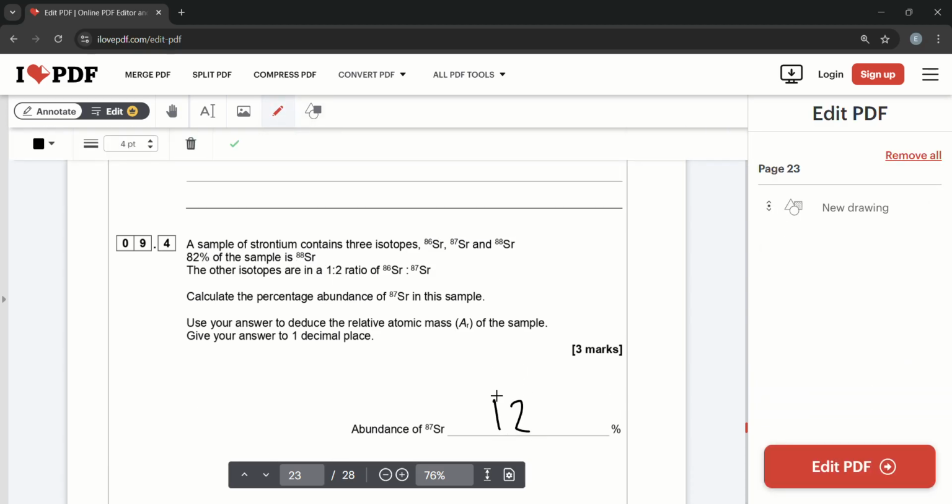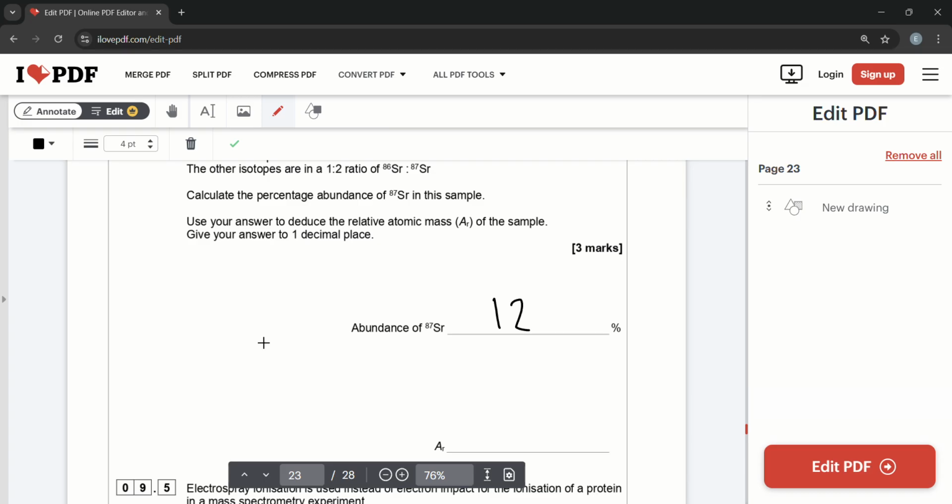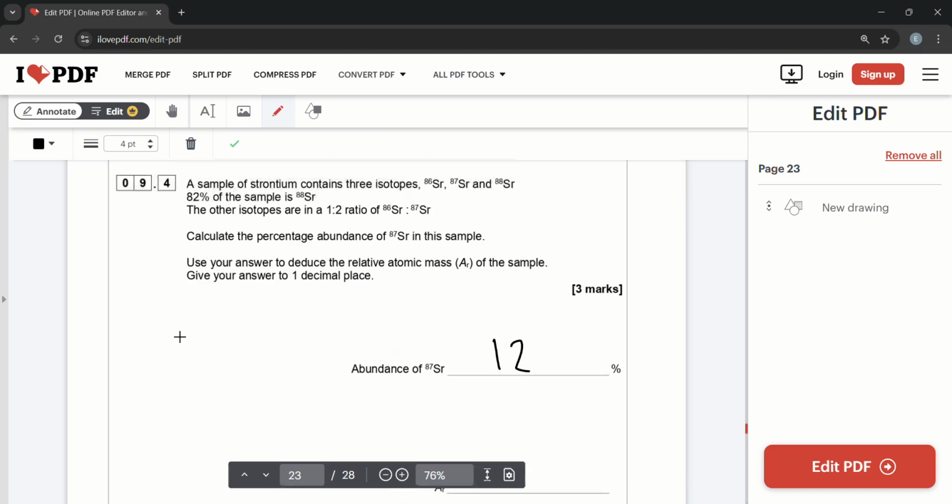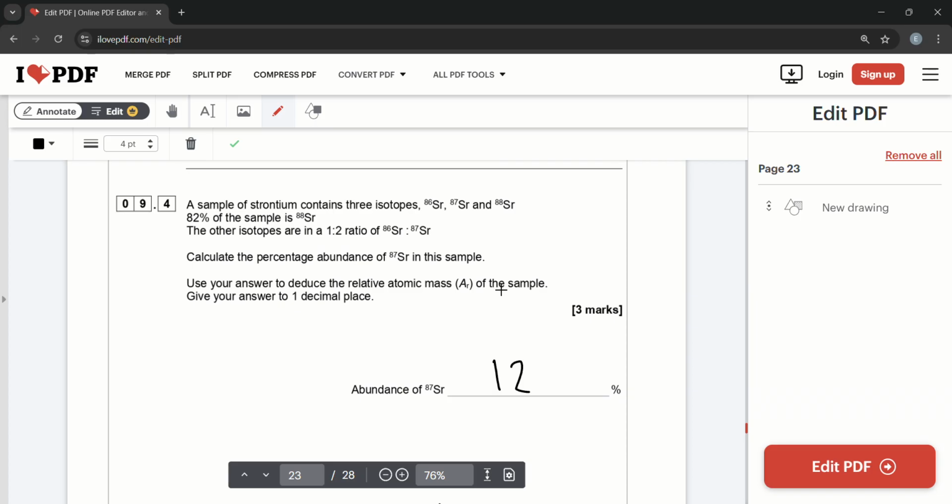The reason I had to remove all of it is because I'm going to need space for this. Now we need to deduce the relative atomic mass of the sample.